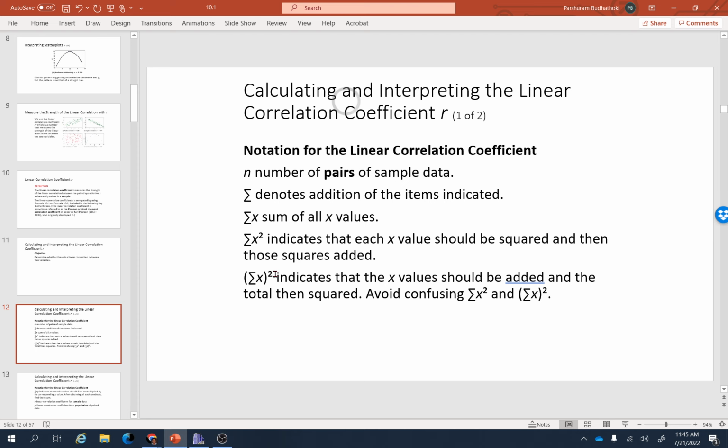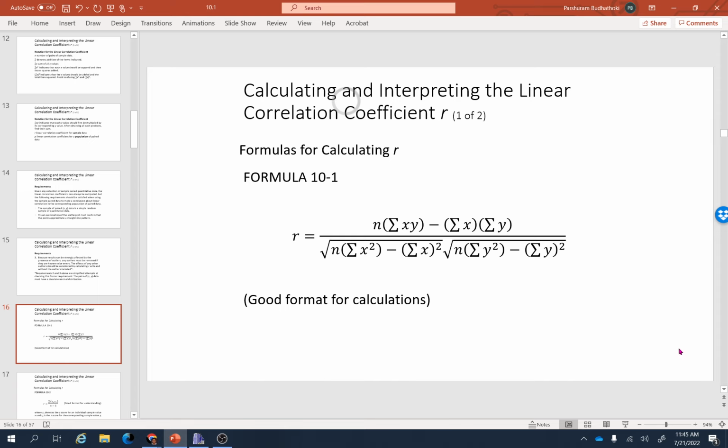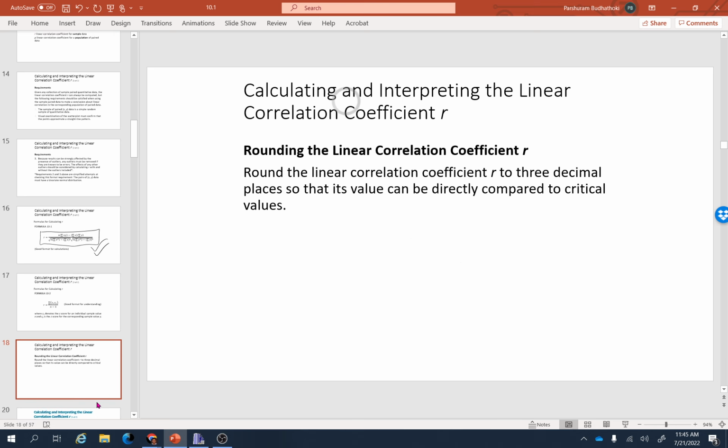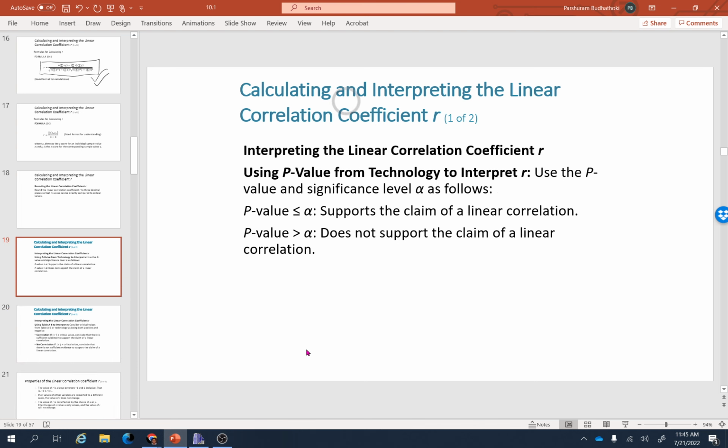These are the notations we're going to use, and I'm just going to go to the formula. This is the formula you can use for finding the relation, but you can also find the correlation by using your TI-83/84 calculator. So today I'm going to go over one problem where I'm going to show you how to use a TI-83/84 calculator.